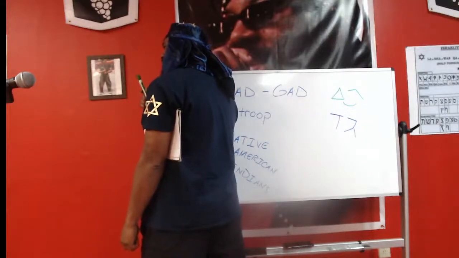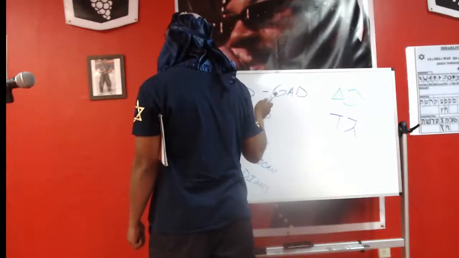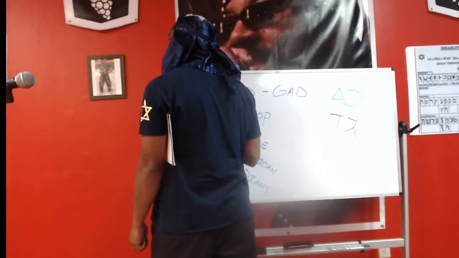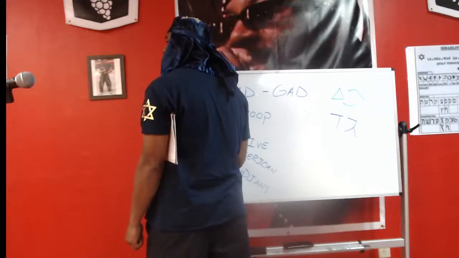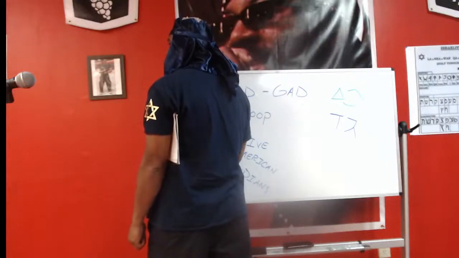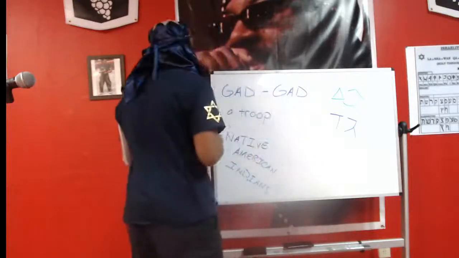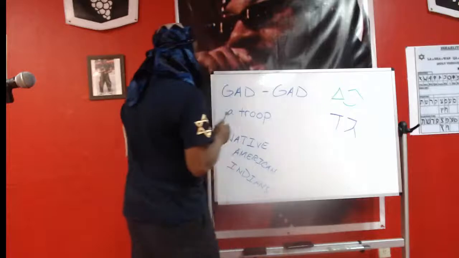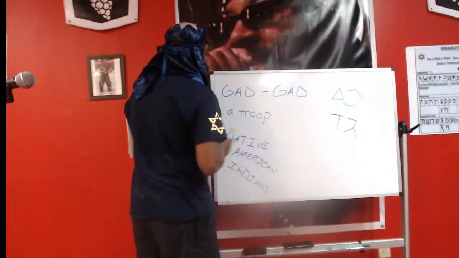Because we have Oz or whatnot. So we have God, then Da. So it should be pronounced God in Hebrew. We need to find out. I don't want to teach the wrong thing. And Gad in Hebrew means troop.